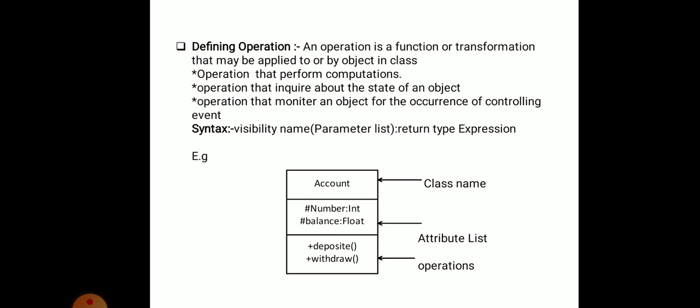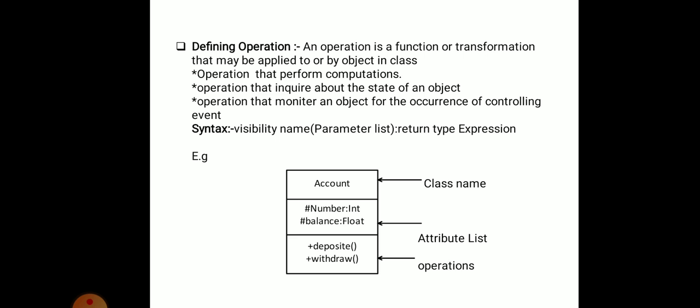Here we will see the second compartment, attribute list. How to declare an attribute? Visibility name, attribute name, colon and then the data type. Here we will see hash number colon integer. Hash is the visibility, number is the attribute name, colon integer is the data type. Okay, next compartment is operation.